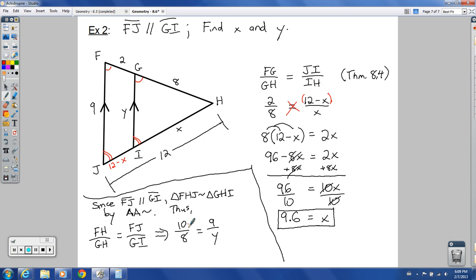Let's show that in a different color, and then we would have 10Y equals 72. You divide by 10, divide by 10, and again I'm out of space here. If you have more room at the bottom of your paper, you can just continue this beneath that, but this would be implying, meaning that Y equals 7.2.